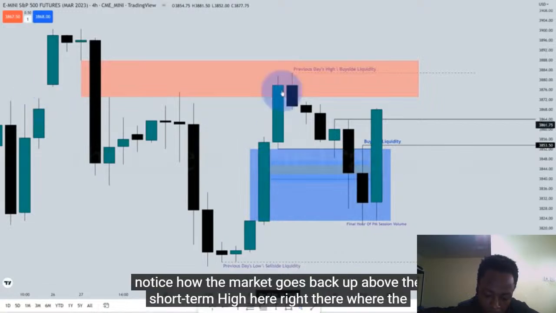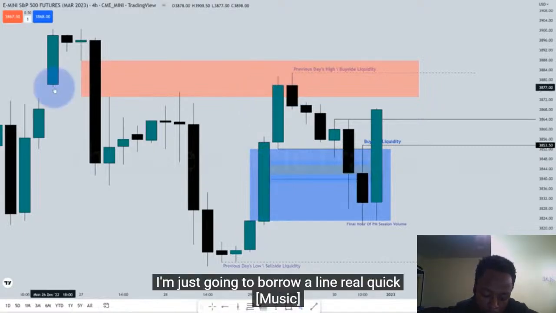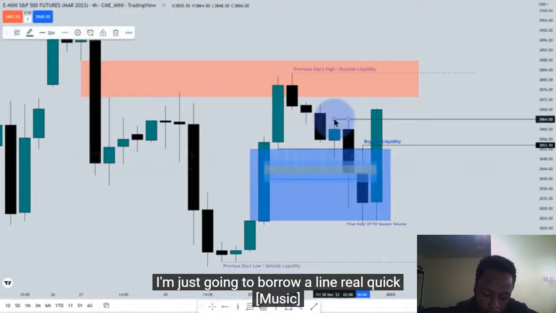Notice how the market goes back up above the short-term high here, right there, where did the bodies stop in this swing high? Right in here. I'm just going to borrow a line real quick.